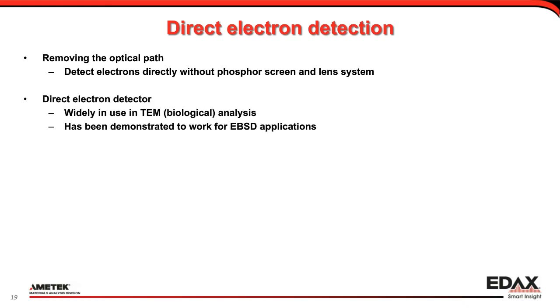So as I mentioned before, direct electron detection, of course, is not new. It's been widely used in mostly TEM analysis, low dose biological analysis because of its sensitivity. There has been some really nice work done to show that you can use it for EBSD applications, but as far as I know, it's always been very limited experiments just to show that it actually is a really nice tool.